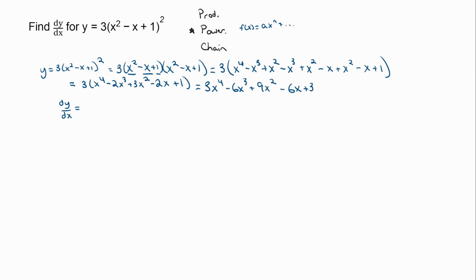So dy over dx will be 12, because of 4 times 3, times x now cubed, right? Minus 18x squared plus 18x minus 6. And the 3 goes away because technically it's x to the 0, and anything times 0 will always be 0.